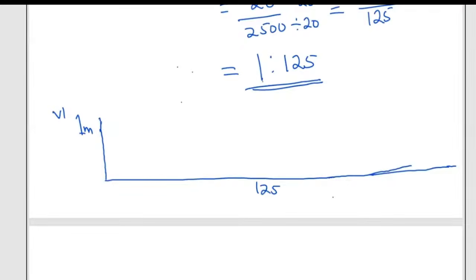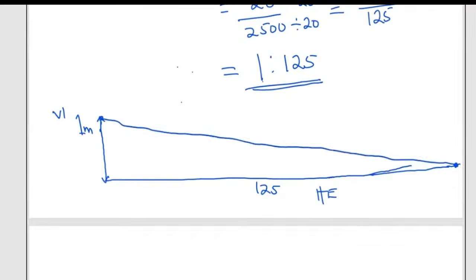So which means this might be our vertical interval and our horizontal equivalence is there. So if you are to join this point, if this is our 125 meter mark versus our 1 meter mark here, how is the landscape going to look like? It's going to look like something like this. So it means this is a gentle slope.